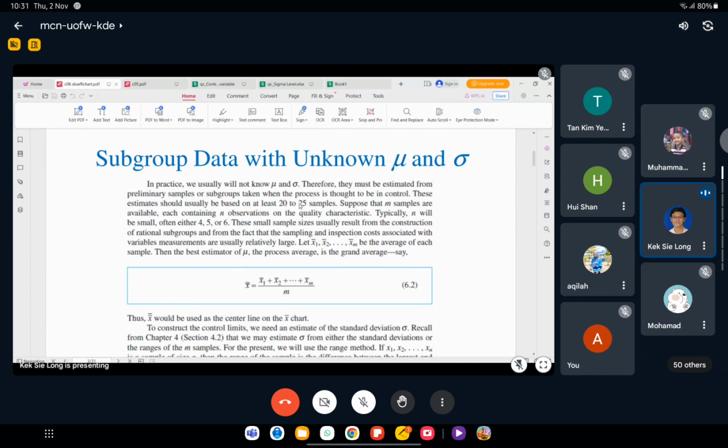We need to highlight this, 20 to 25 samples. It means that we have 20 to 25 sample points, members, or data points.